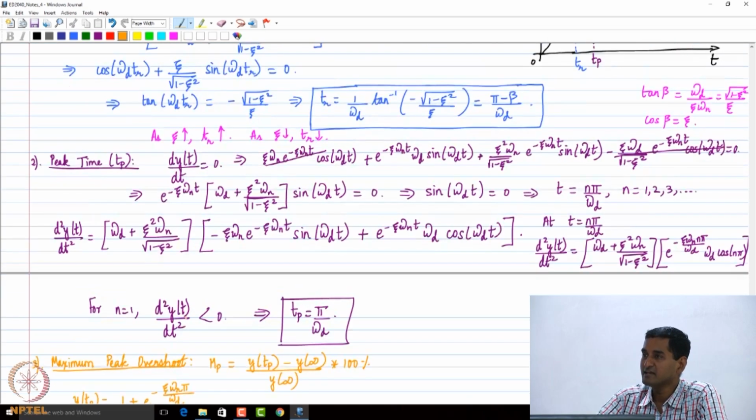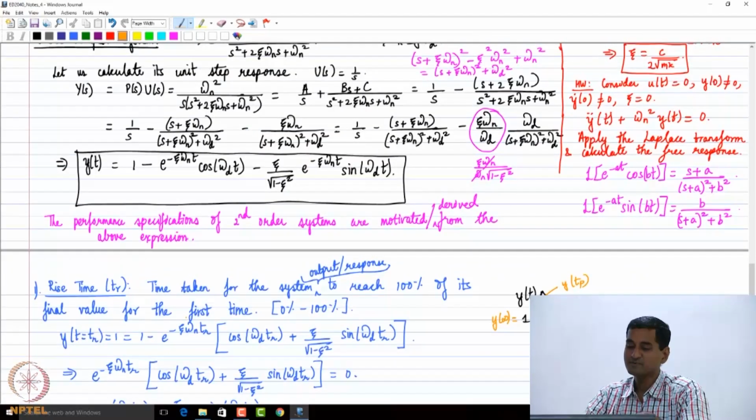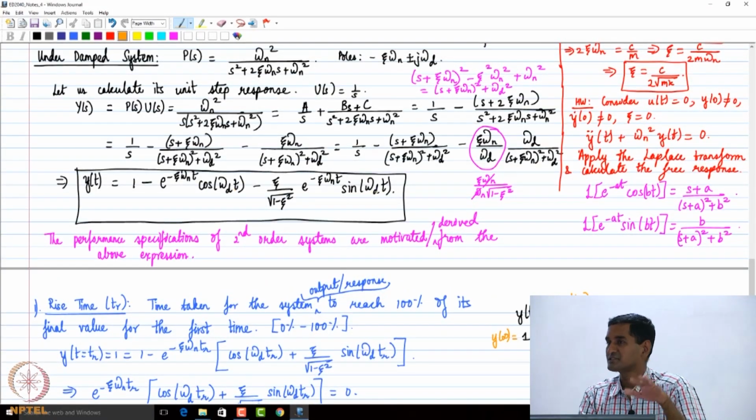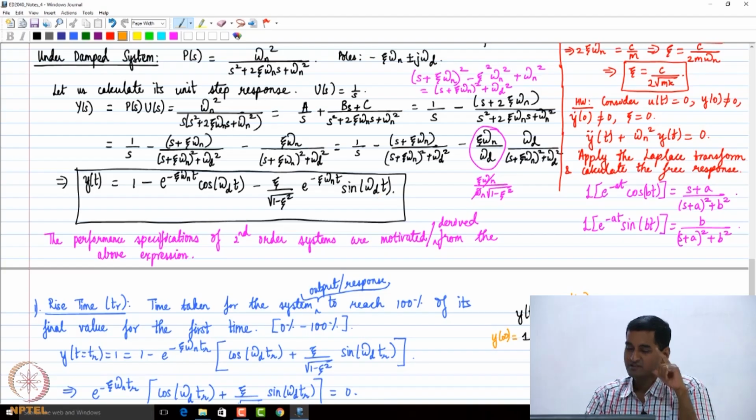Let me repeat this once again. If you go to this expression and substitute t equals pi by omega d, the second term vanishes, because you get sin pi. In the first term you get cos pi, which is minus 1, so minus and minus becomes plus. You get e power minus zeta omega n pi by omega d.